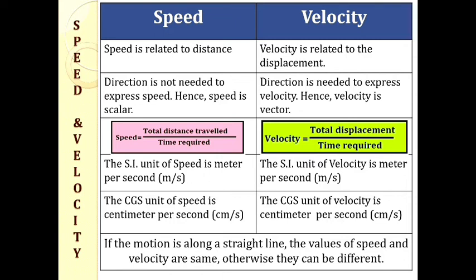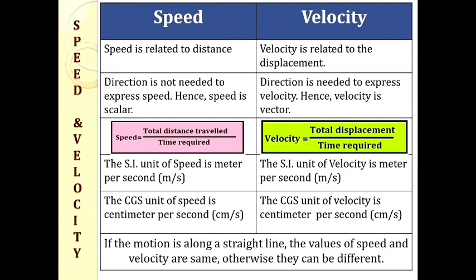Hence, to express speed, direction is not needed and hence speed is also a scalar quantity. On the other hand, velocity involves displacement. Displacement was a vector quantity and hence velocity is also a vector quantity.